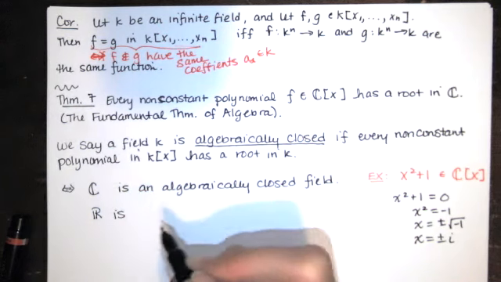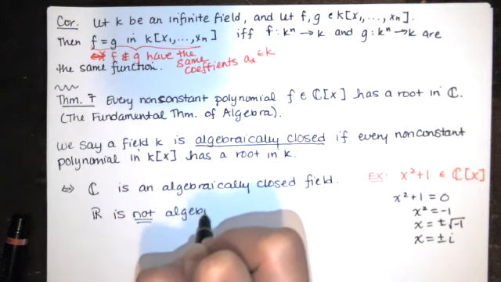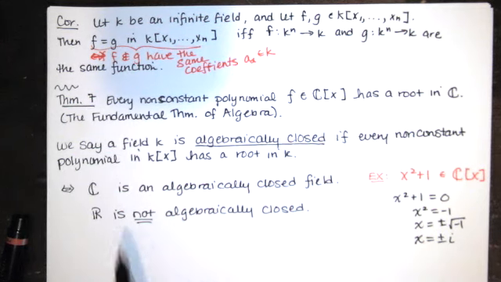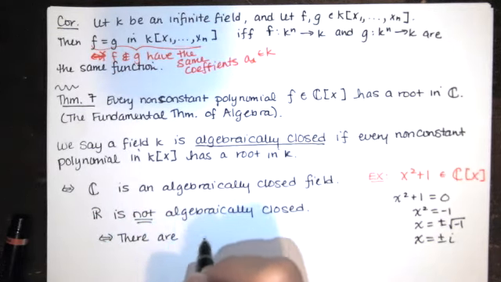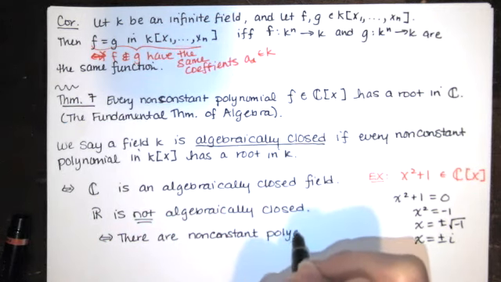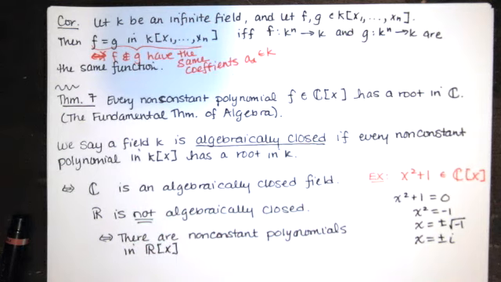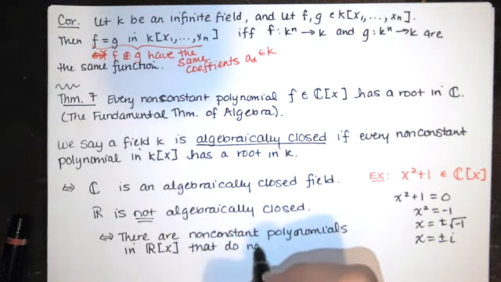Now, we know that this equation does not have a solution in the real number system. So the set of real numbers is not algebraically closed, because there are plenty of non-constant polynomials in this polynomial ring in a single variable, where coefficients are in the reals, that do not have roots in the reals.